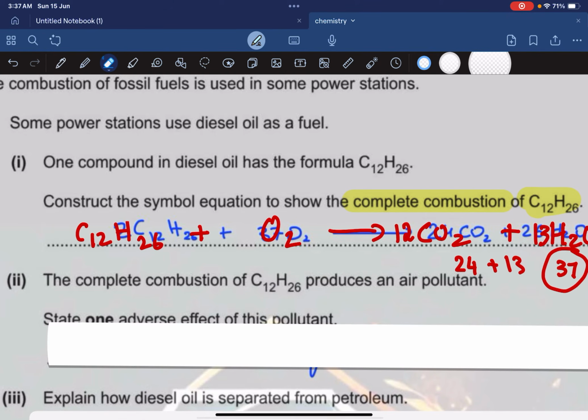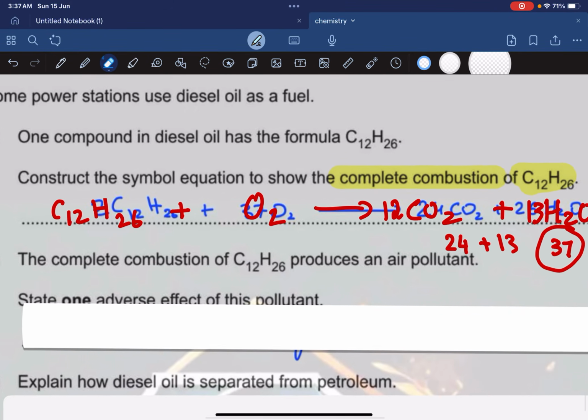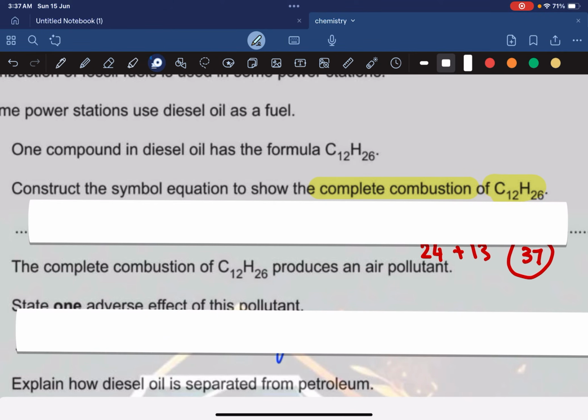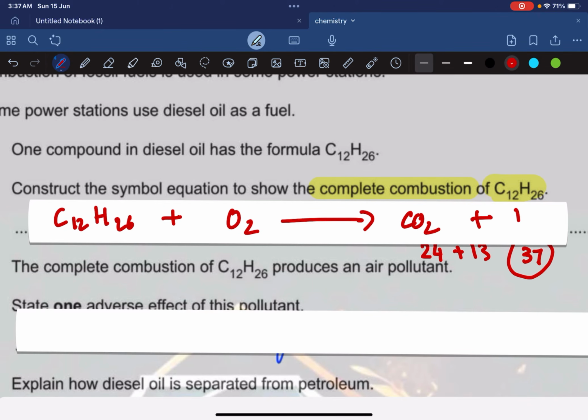Okay, don't worry, we're just going to do it again. C12H26 plus O2 gives carbon dioxide plus water, and I have my 13 waters and 12 carbon dioxide and 18.5 oxygens.